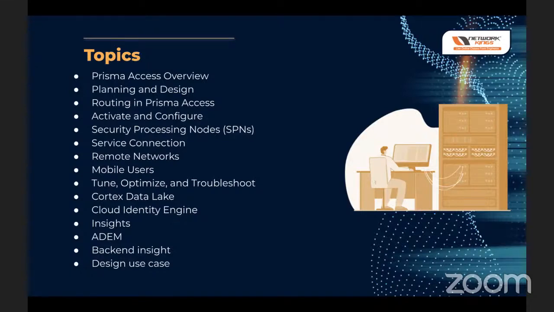So, I'll be discussing the Prisma Access infrastructure, how in the backend it looks like, what are the components, because when we talk about Prisma, everything is hosted in the Palo Alto environment. For us, it is over the cloud, right? But for Palo Alto, they have their infrastructure hosted on AWS, on GCP, on the cloud platforms.